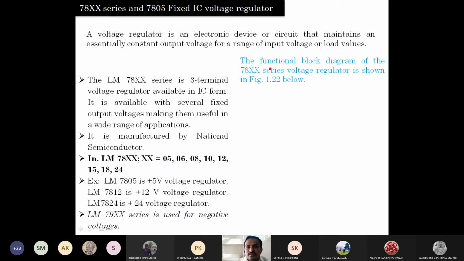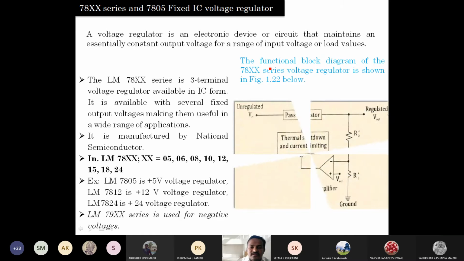The functional block diagram of the 78XX series will look like this, showing the IC and its inner circuit. It is a 3-terminal IC, with only 3 pins.